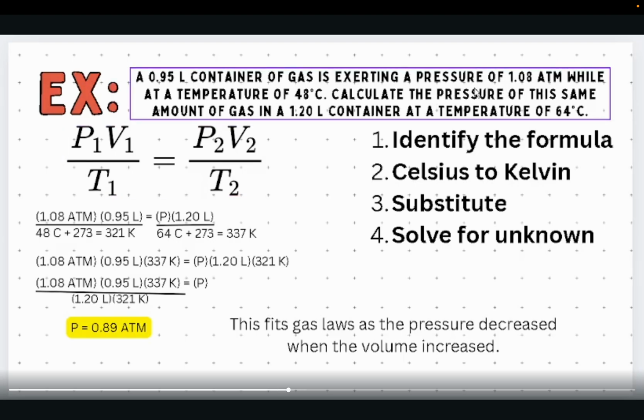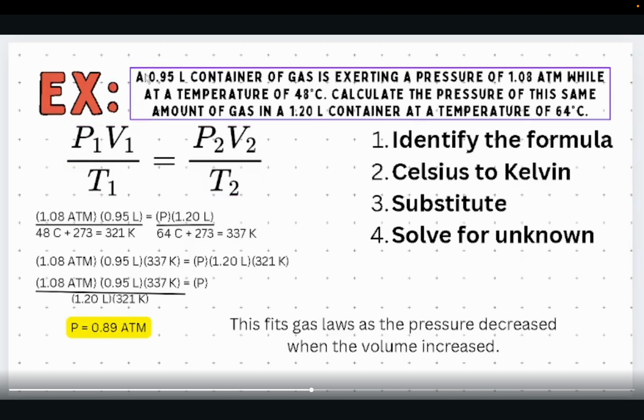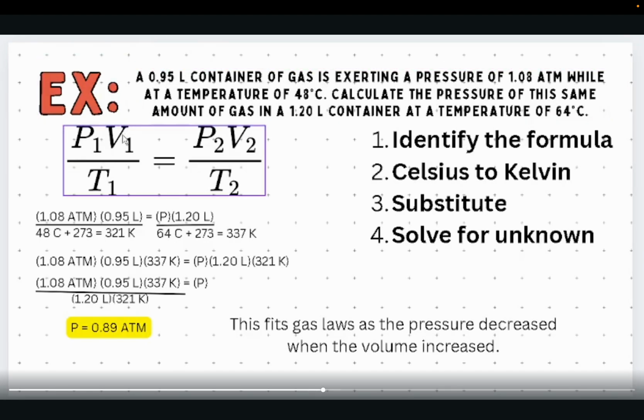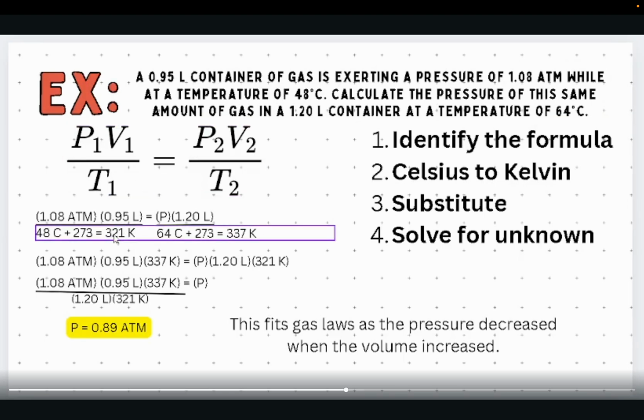We were given the pressure in the first part of the question, so that goes into P1, because that is the first pressure we are given. The 0.95 liters also goes into V1, because that is the first volume we are given. The same applies for 48, which we figured out was 321 in Kelvin. That goes into T1 in the gas law equation.